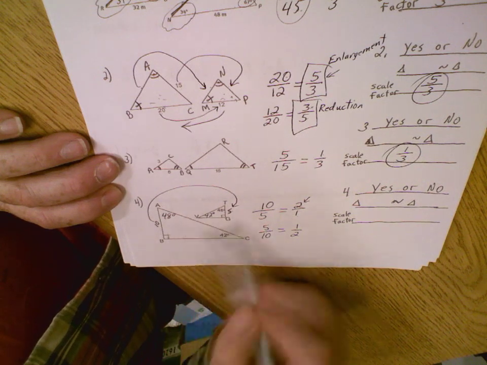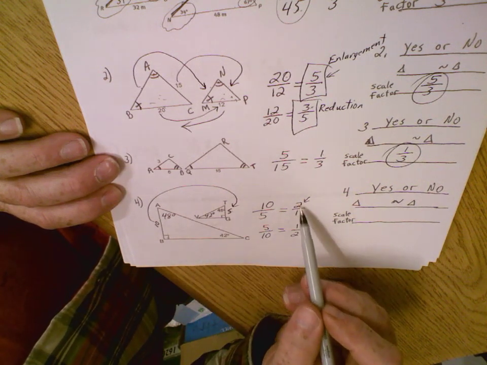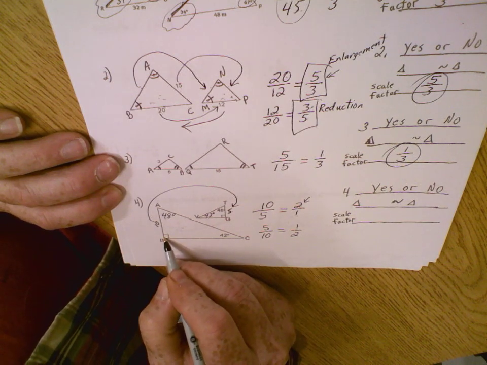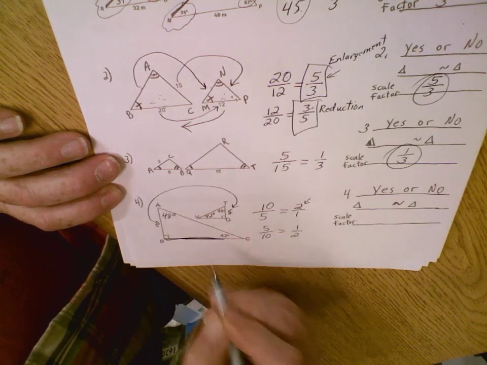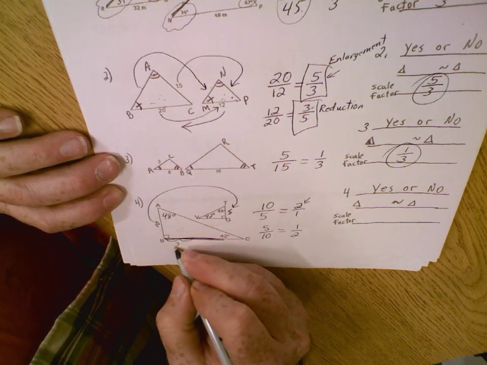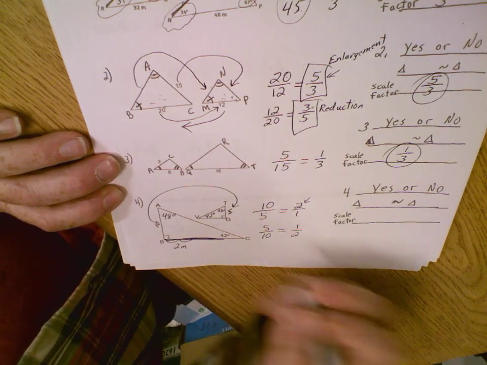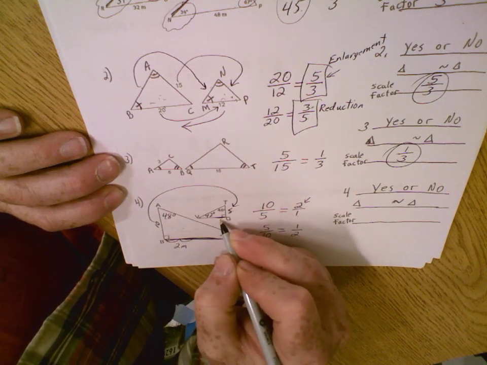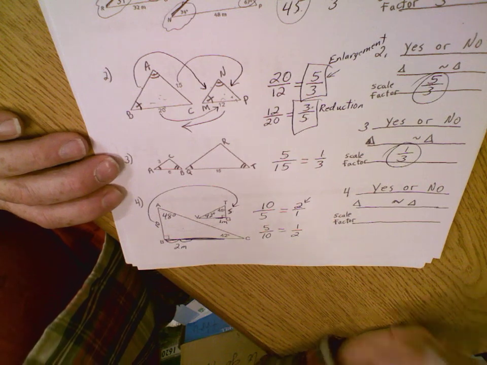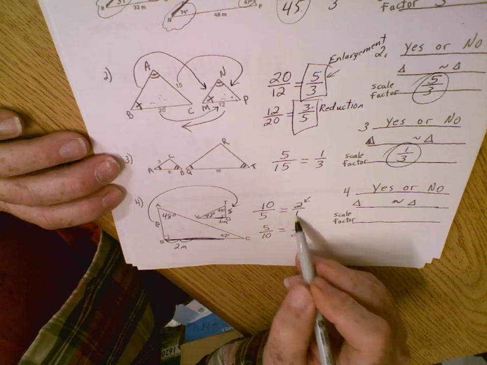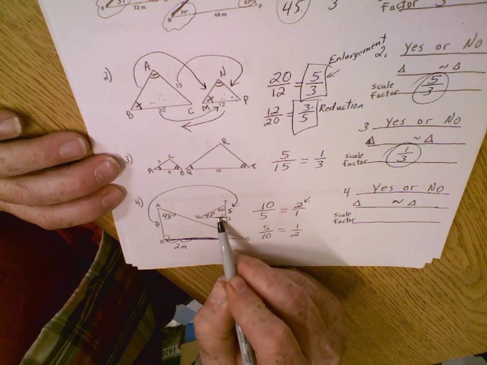Anytime you're dealing with the scale factor, it's saying for every 2 units, maybe it's meters, for every 2 meters in this triangle. So if I'm walking down through here and I walk 2 meters, that would be the same as going over to this triangle and walking 1 meter. So for every 2 meters in this big triangle, there's 1 meter in the small triangle.